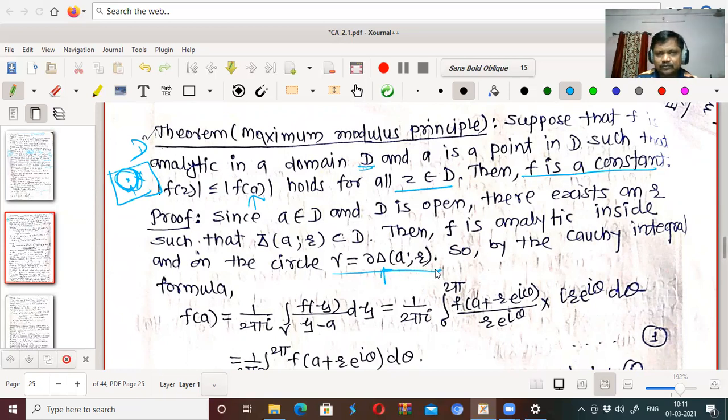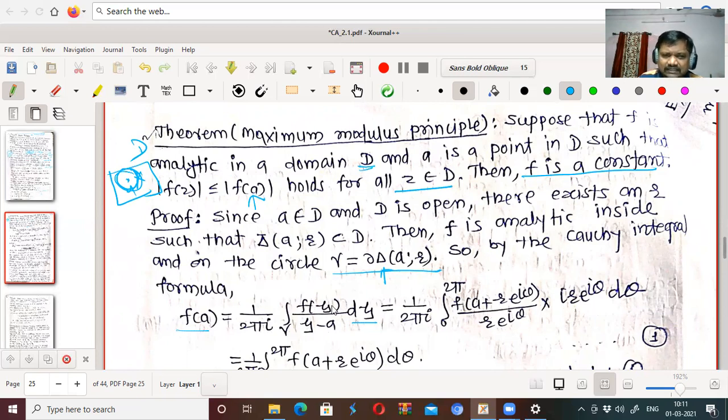So by Cauchy's integral formula, F of A equals 1 by 2 pi i integral over gamma of F of xi upon xi minus A d xi, or this can be written as F of z upon z minus A dz, both are the same. This is equal to 1 upon 2 pi i integral from 0 to 2 pi of F of A plus R e to the power i theta.